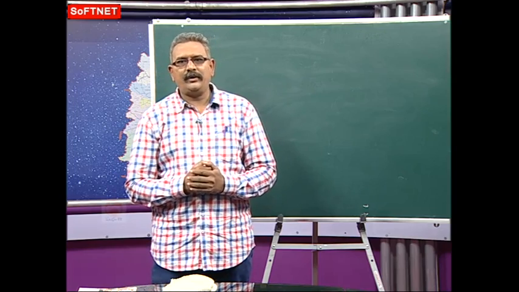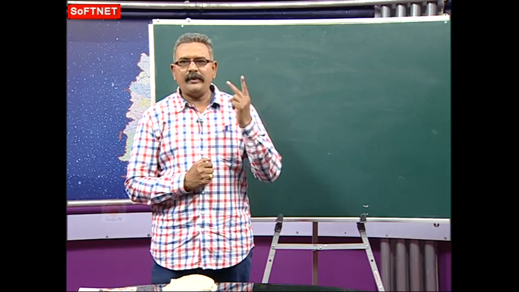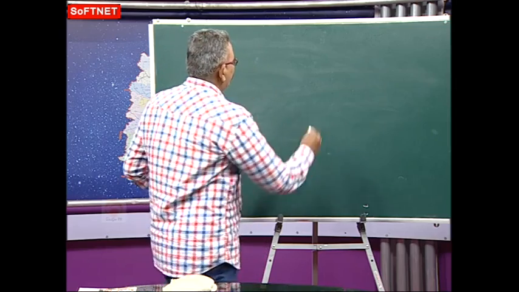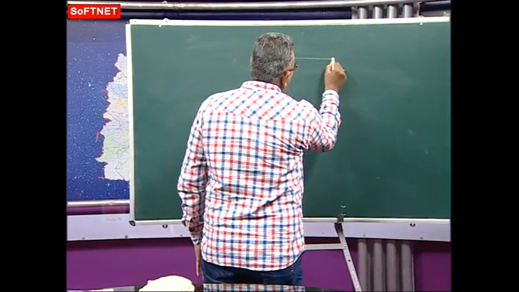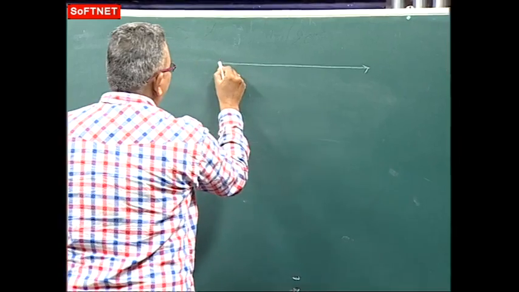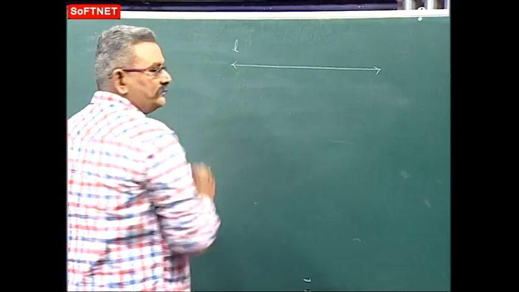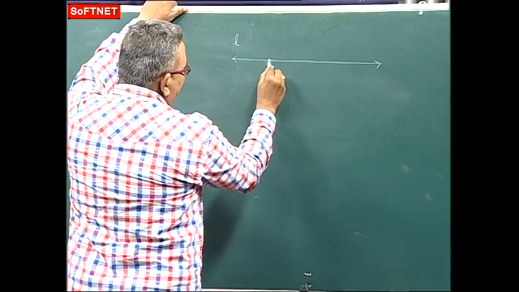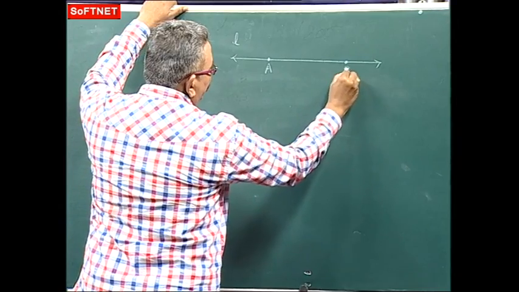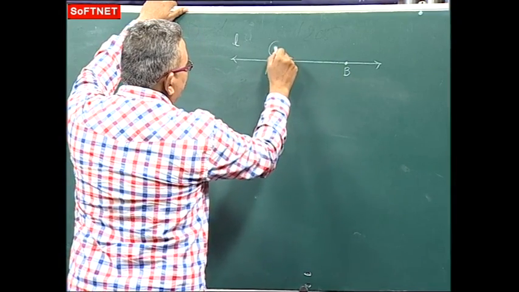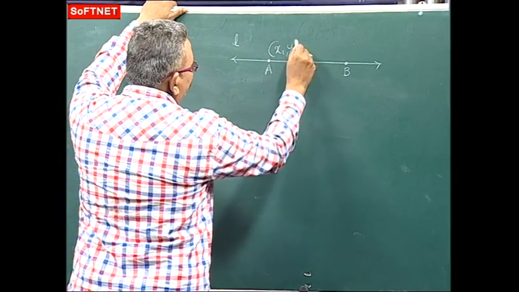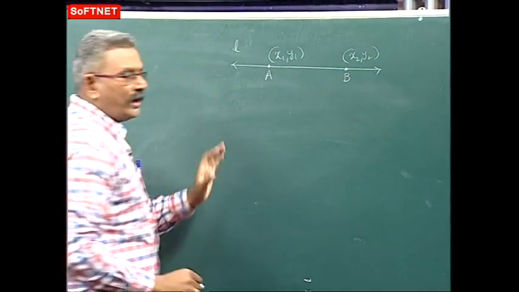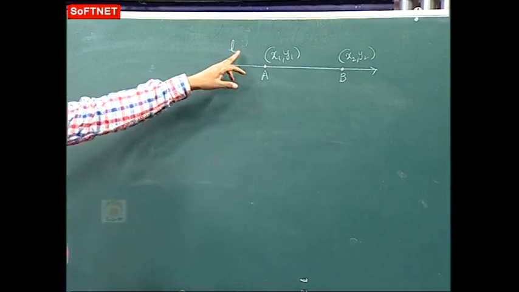Suppose this is a line L, and let the two points be A and B, where A is x1, y1 and B is x2, y2. Then how do we find the slope of this line L?